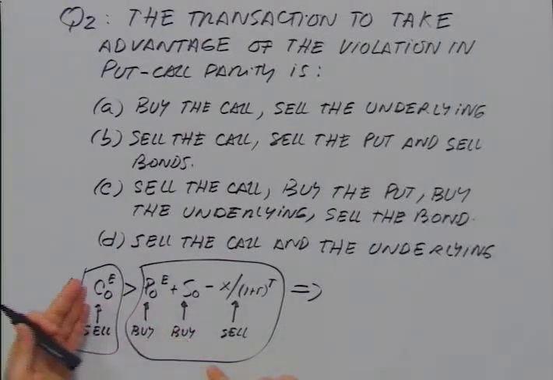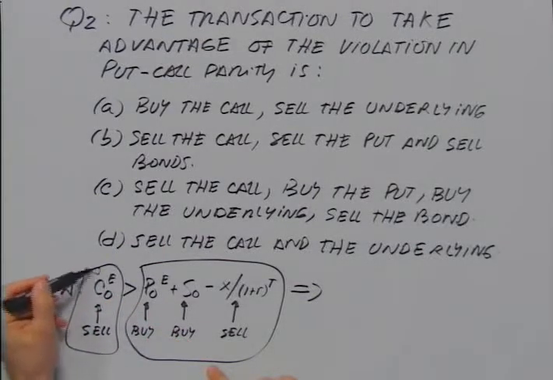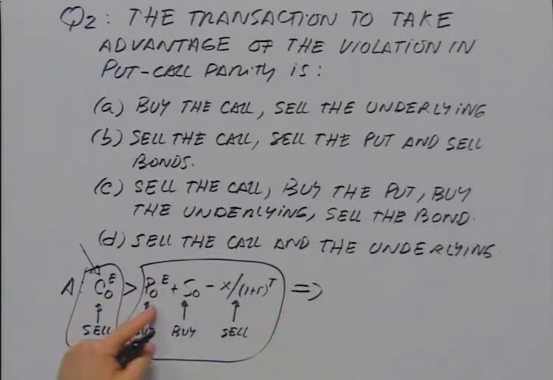So how do you do that? You simply sell the actual call for its actual price of $10, and then you buy the synthetic by buying the put, buying the stock, and selling or issuing a zero coupon bond with face value of the strike price. So the answer would be C: sell the call, buy the put, buy the underlying or the stock, and sell the bond. The correct answer is C.